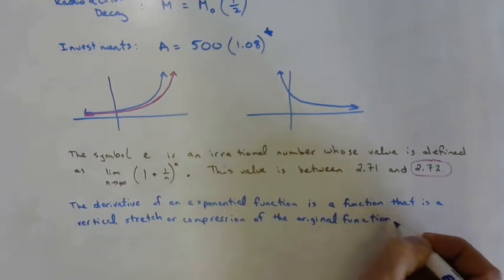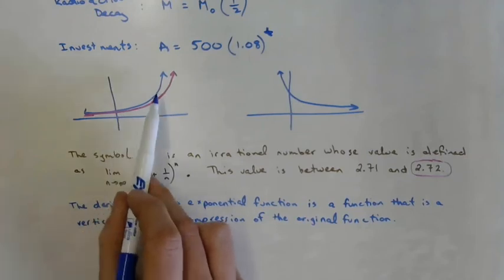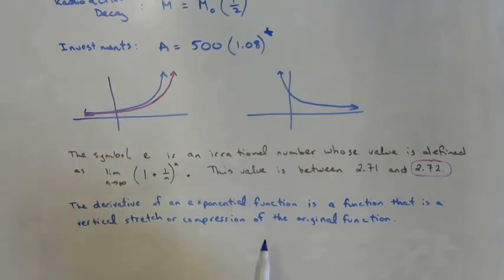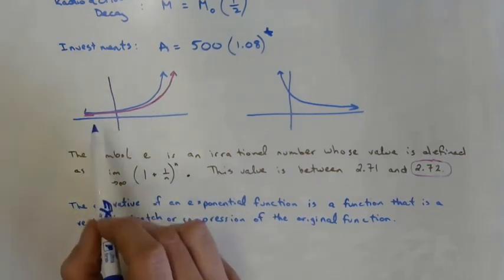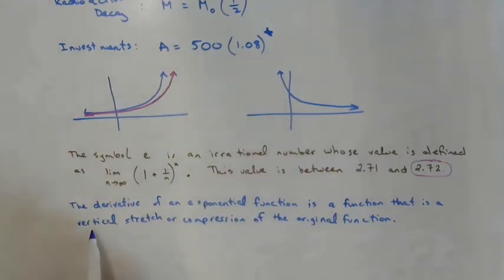So far we don't know what that stretch or compression is for a particular exponential function. We'll learn that in 5.3. But for now we know that the derivative of an exponential function is another exponential function, and it's simply a vertical stretch or compression of the original function. So the only thing that's happening there is that you're getting a multiplier out in front, that's either a fraction between 0 and 1 or a number greater than 1 to cause a stretch.